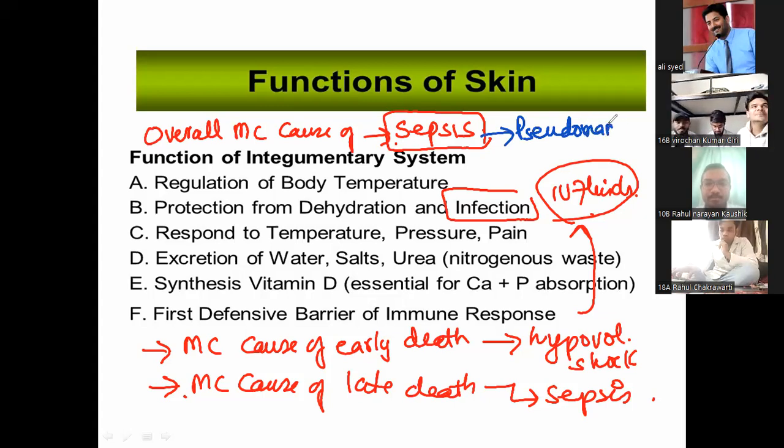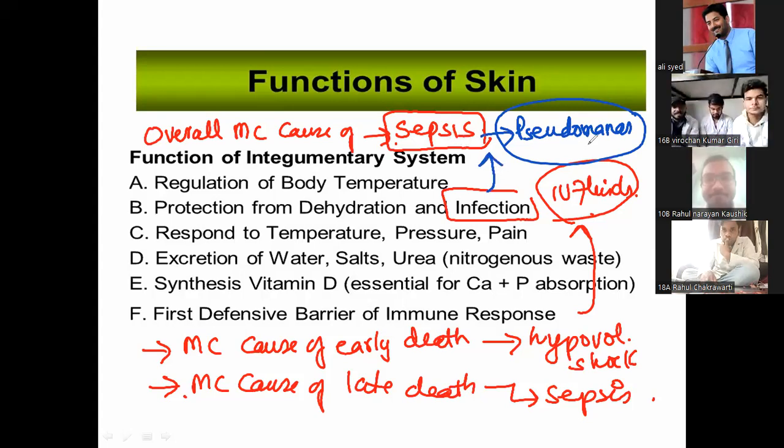Very, very important MCQ which you must remember forever. So write down everyone: most common organism responsible for infection and sepsis in patients with burn injury, your answer will be Pseudomonas.